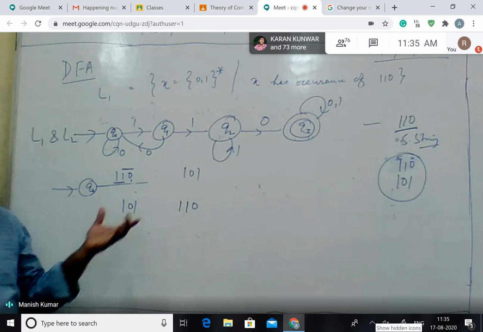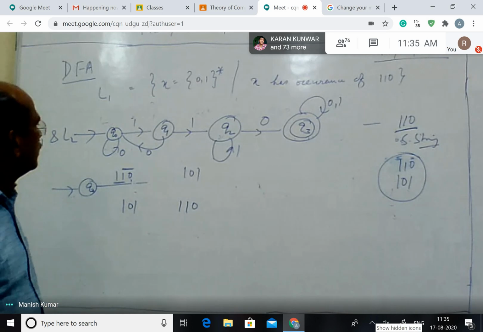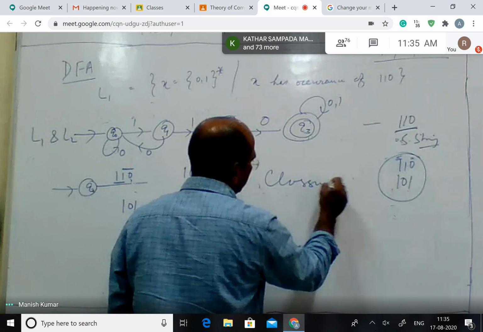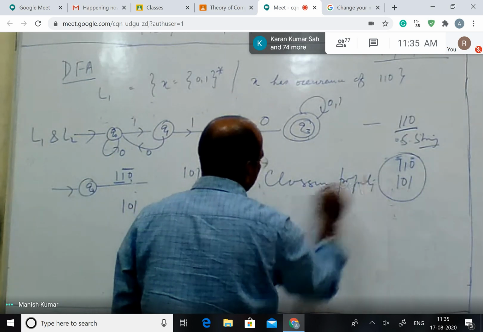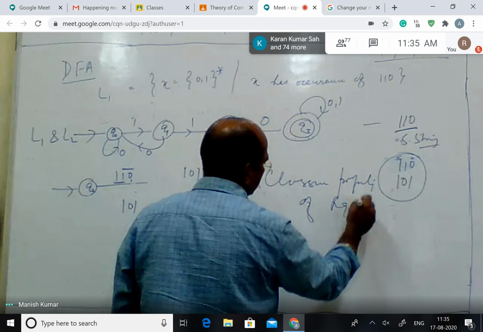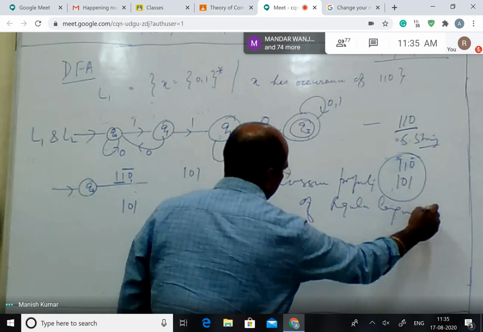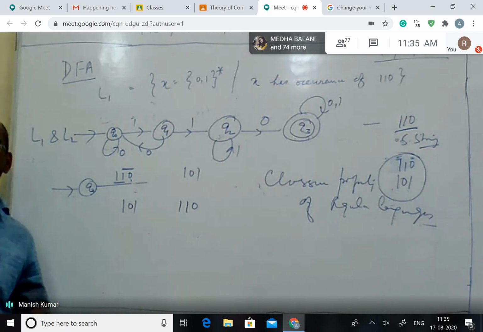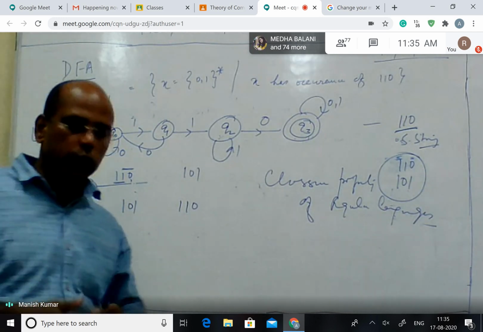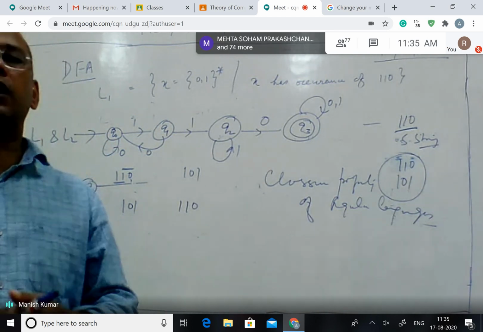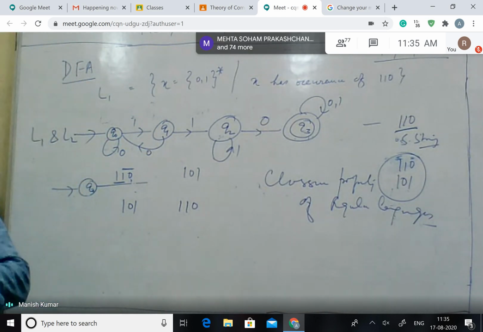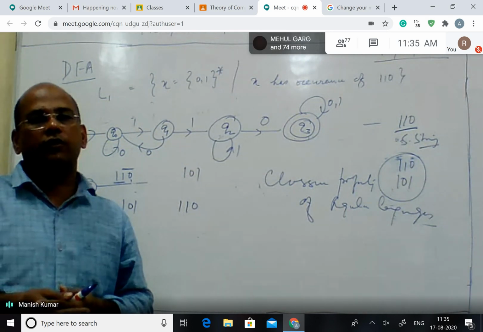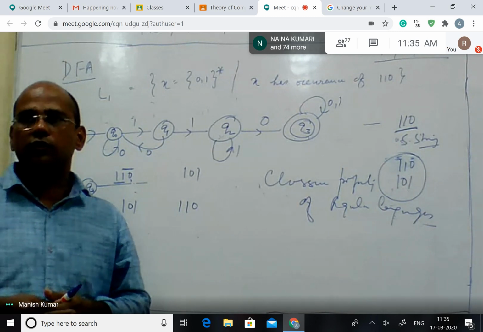The idea comes to mind: can we use some closure property of regular languages? Closure property asks whether, if two languages are given, we can have a union of two languages, an intersection of two languages, or a complement of the language, and whether the result is again regular or not.